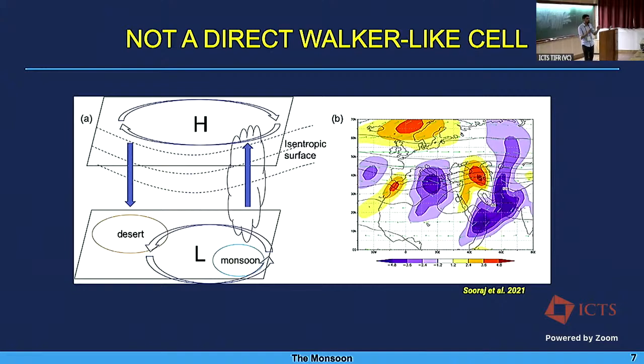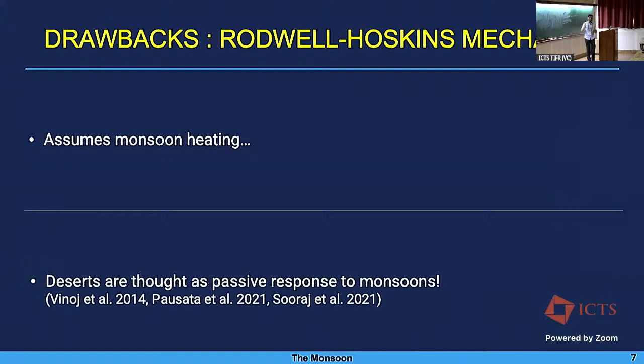But there are two important drawbacks in this theory. Firstly, it assumes a diabatic forcing. Where that diabatic monsoon forcing comes from is not addressed. So given monsoon forcing, this is the region where subsidence and arid regions will persist, is the proposition of this theory.